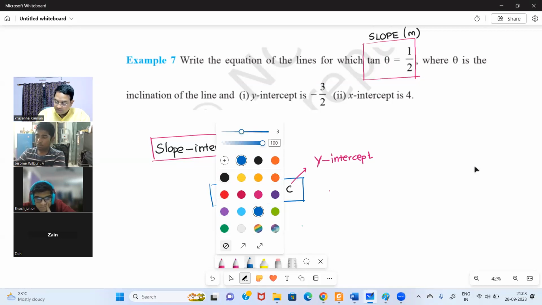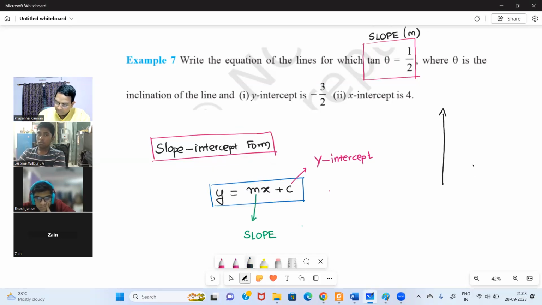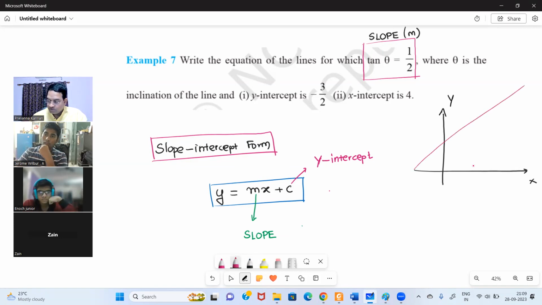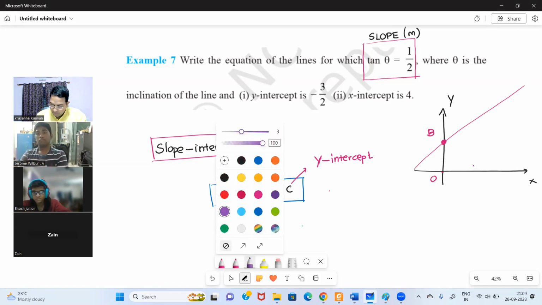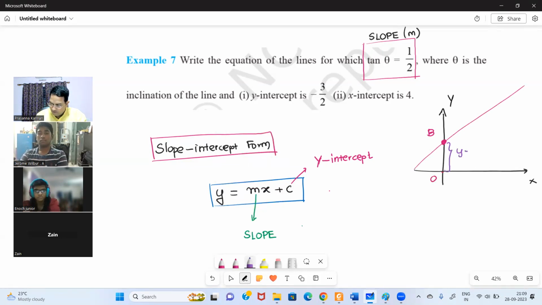In a diagram, how do we understand this? Let's say I have a straight line which runs like this. It meets the y-axis, let's say at a point B. From the origin to the point B, this distance is called y-intercept.